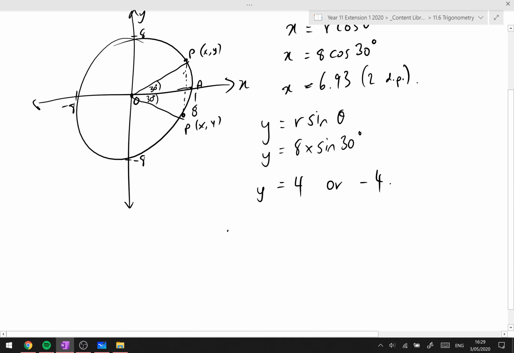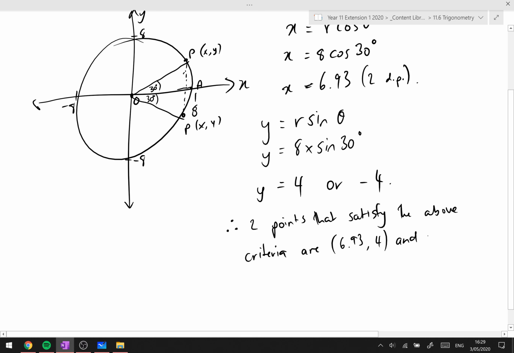So therefore, the two points that satisfy the above criteria are 6.93, 4, and 6.93, negative 4.